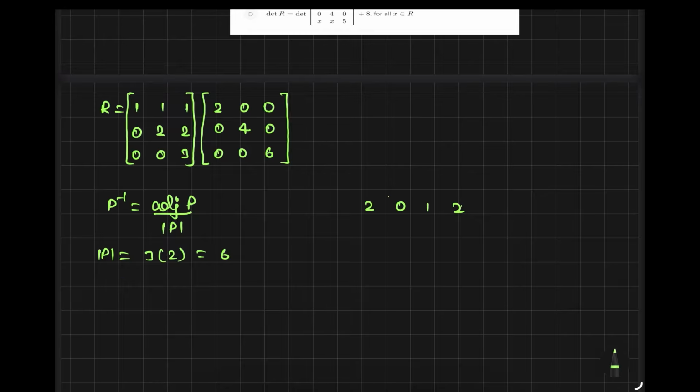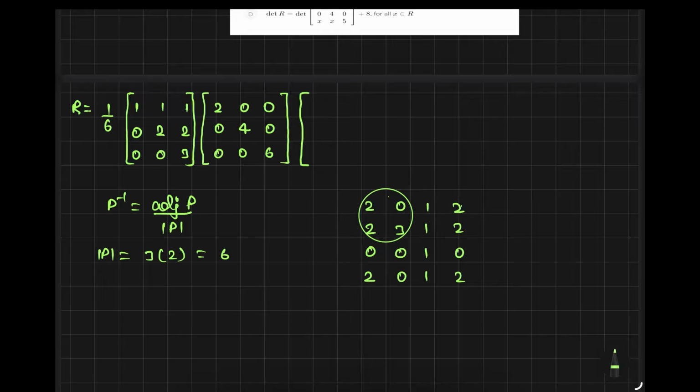Then 2, 3, 1, 2, 0, 0, 1, 0, then 2, 0, 1, 2. So now you are getting your P inverse. So P inverse is what? Adjoint. Already we are getting the adjoint. Now we are ready. So it is 1 by 6, so I will write 6 over here, and here I will write the adjoint of P.